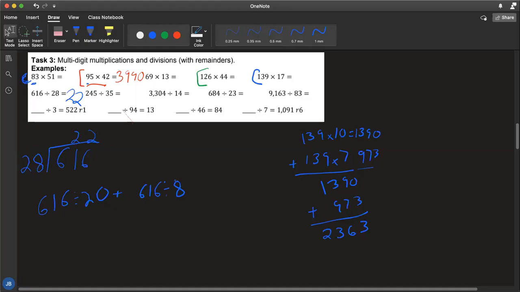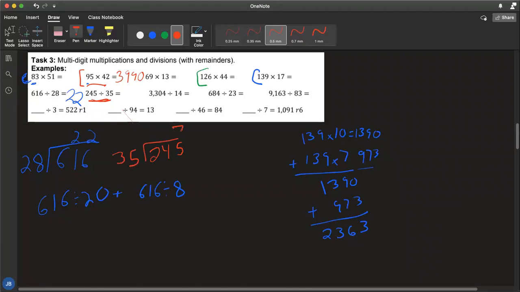Okay. Charlie, I think you're the next one to go because I haven't called on you yet. 245 divided by 35. I don't know if this is correct or not, but I got 7 with remainder 5.